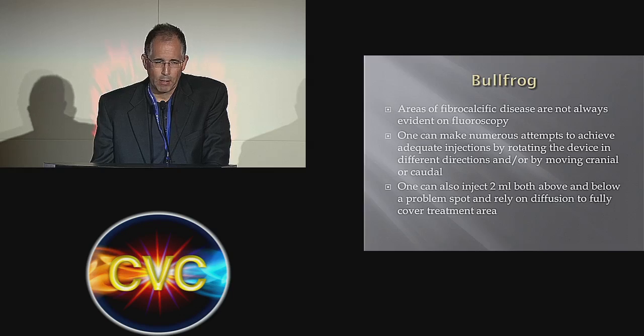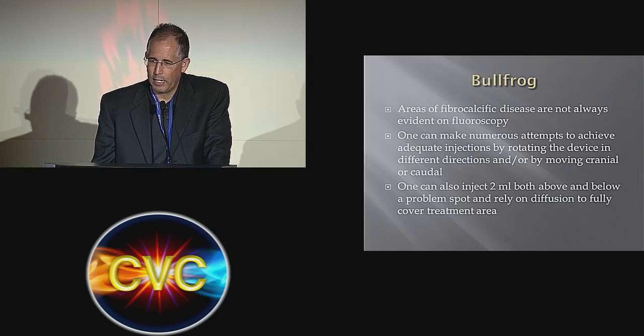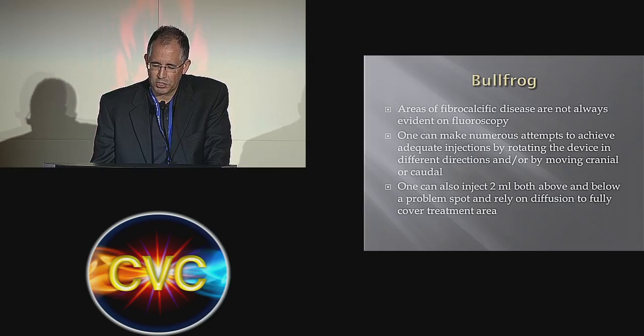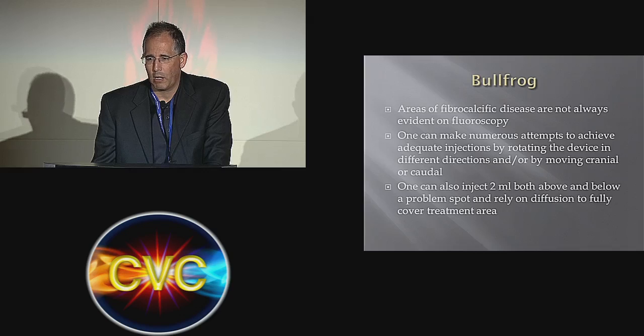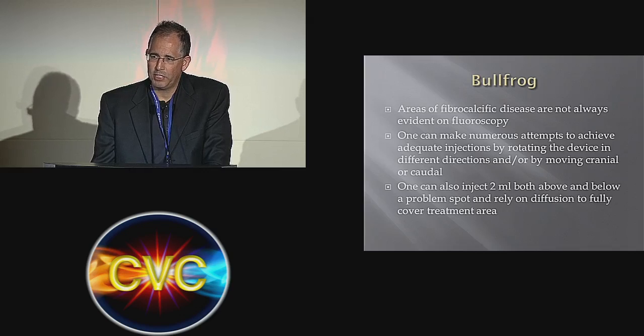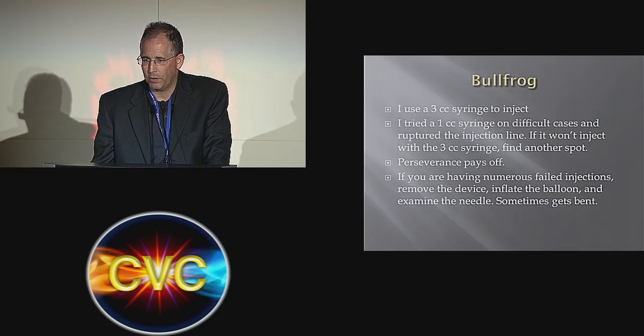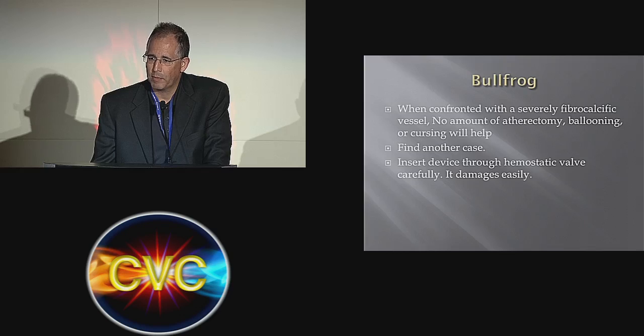You give about 1 milliliter of injection every 2 centimeters. Sometimes, if you have an area where you simply cannot get the needle to penetrate, I'll go before it and after it and inject double before and after, and it'll diffuse into that area. There'll be occasional cases where you simply can't get through, and that's just how it is.